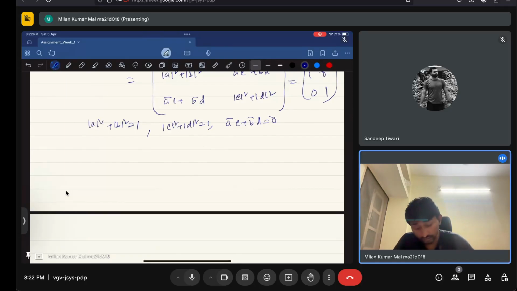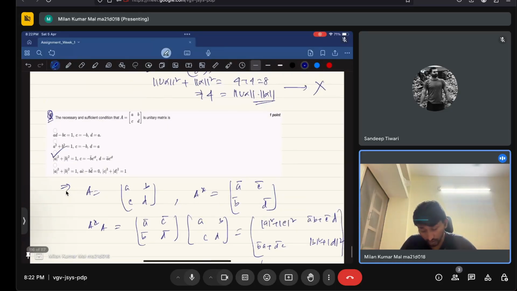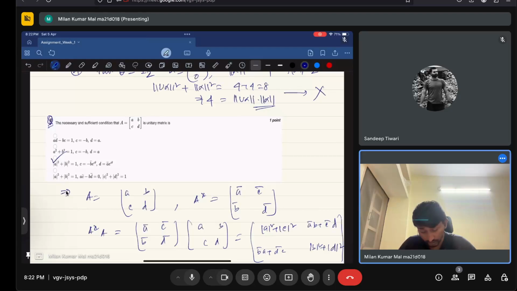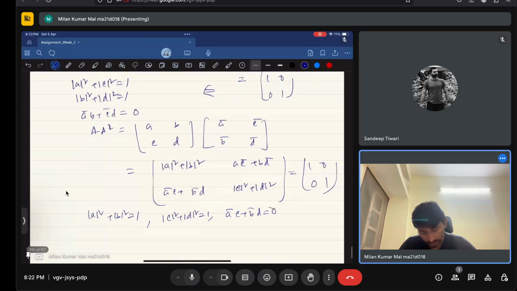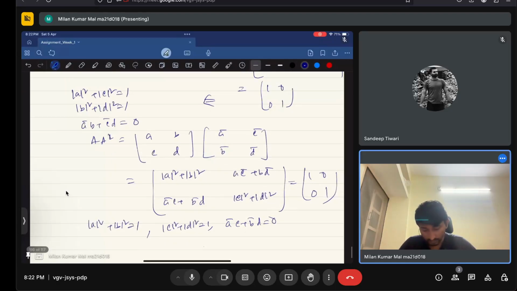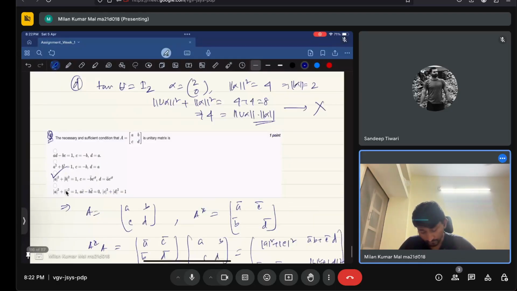There are many ways, but right now the shortest correct way, I am not able to understand. A bar B, AC minus BD bar, that is not correct. C is equals to this will be the correct option, that's true.